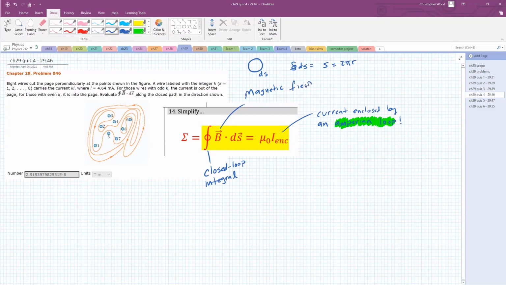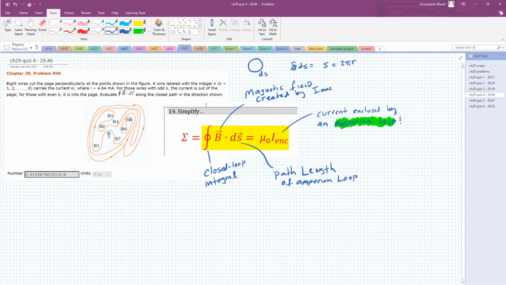This is the magnetic field created by I enclosed. And this is the path length of the Amperian loop. So that is the dissection of Ampere's law.